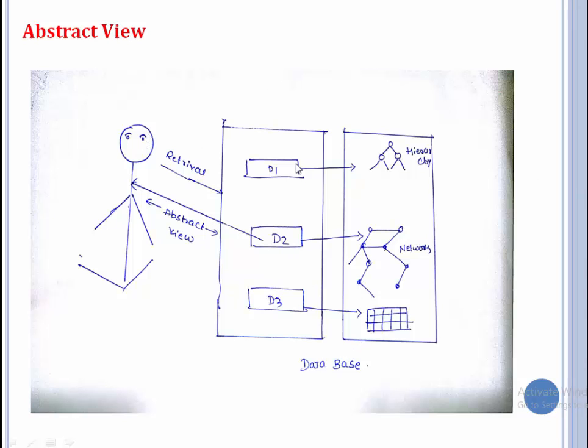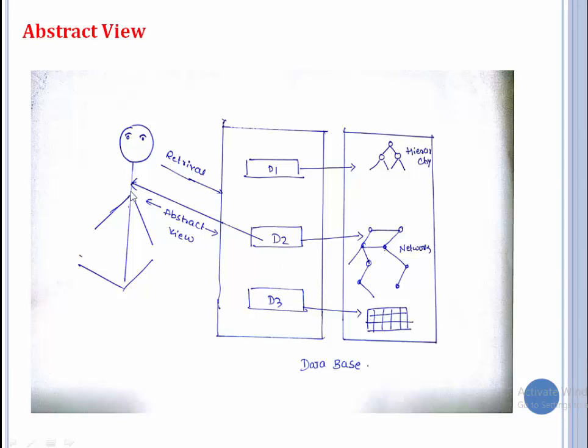The database contains three interrelated data items, D1, D2 and D3. Different types of structures are used to store the data. A hierarchical structure is used to store D1, a network structure is used to store D2, and table structures, that is rows and columns, are used to store D3.